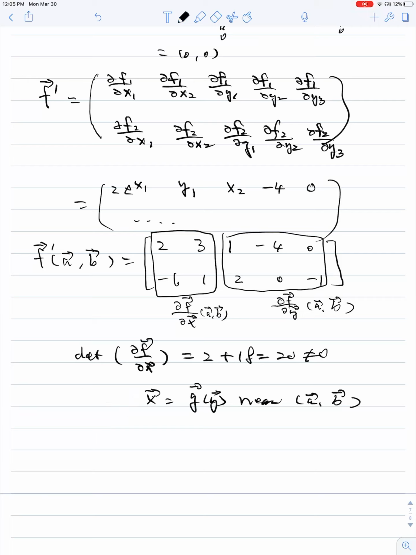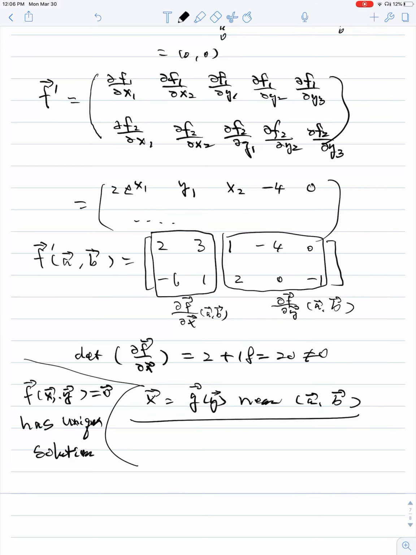So therefore, f(x, y) = 0 has a unique solution. This is the solution near this point.